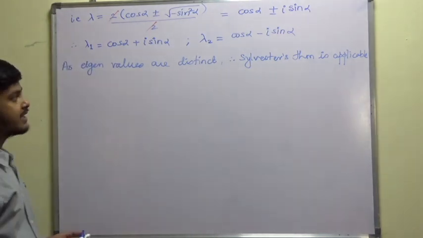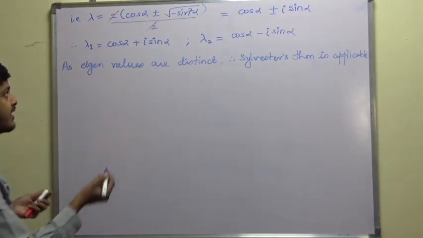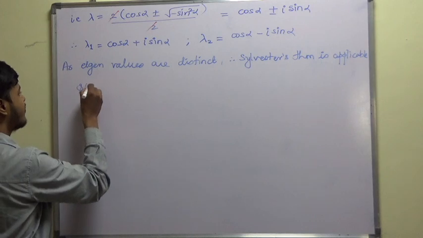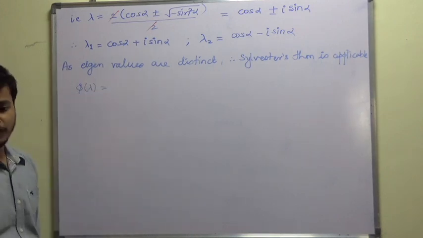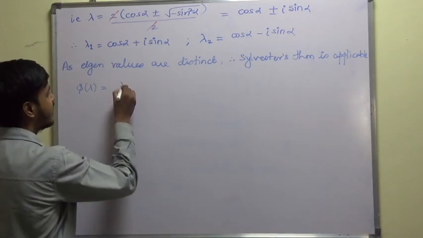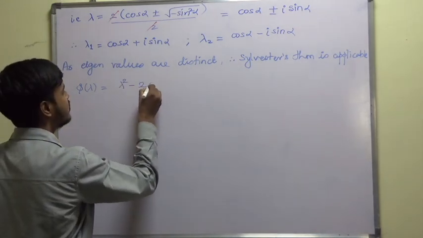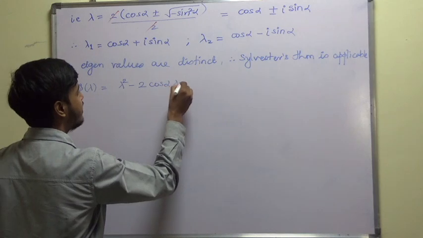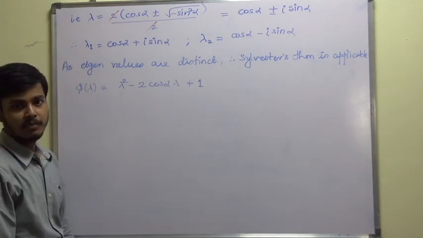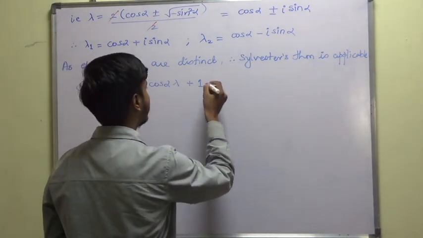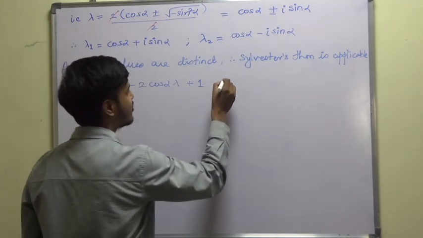Now what is the second step? The second step says write down phi of lambda. So what is phi of lambda? You just have to go through the equation. So phi of lambda is lambda square minus 2 cos alpha lambda plus 1. Then if you have phi of lambda, you can find phi dash of lambda.